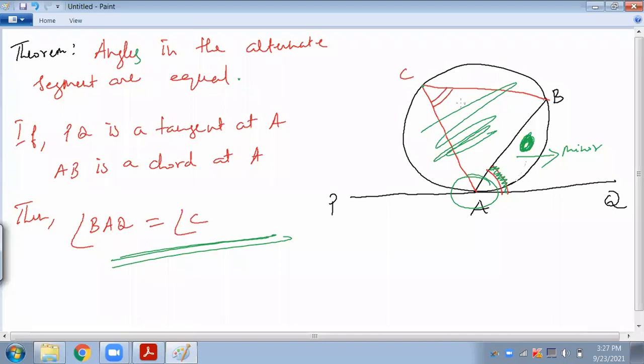And the same chord is subtending angle C at the major segment, the bigger part. Any chord divides the circle into two parts, bigger and smaller. Smaller part is the minor segment, bigger part is the major segment. So the chord makes an angle with the tangent in one segment, and subtends an angle in the opposite segment at the circumference. These two angles are known as angles in the alternate segment, and they will be equal.